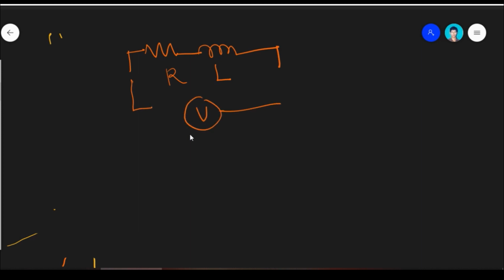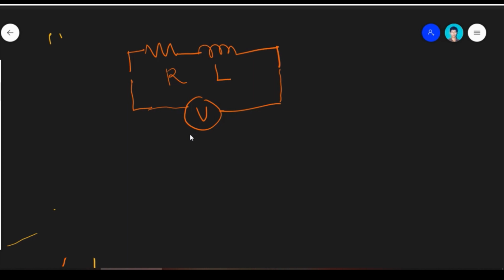Here we are giving voltage to this RL circuit. Let us assume this R and L, both of them are linear.